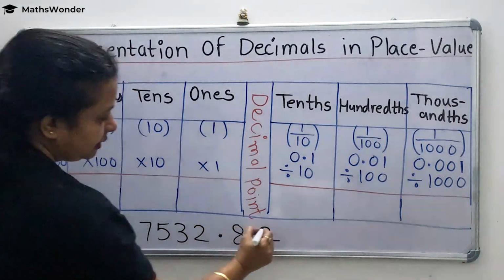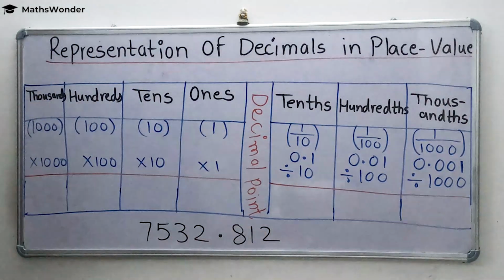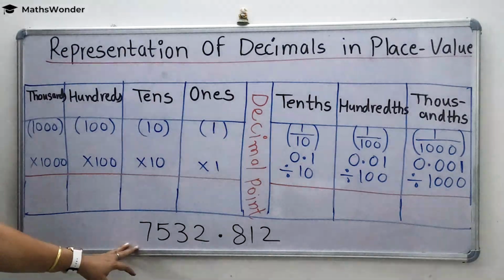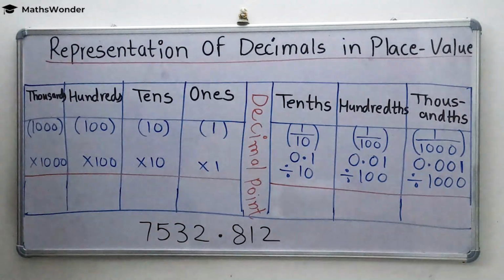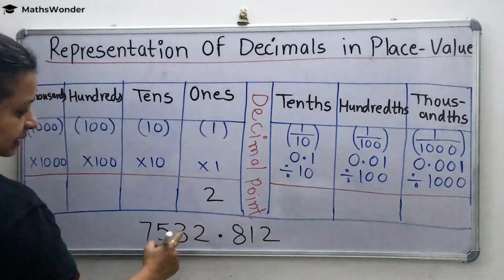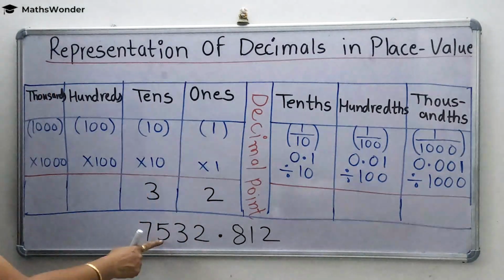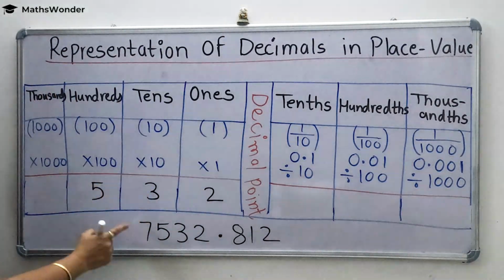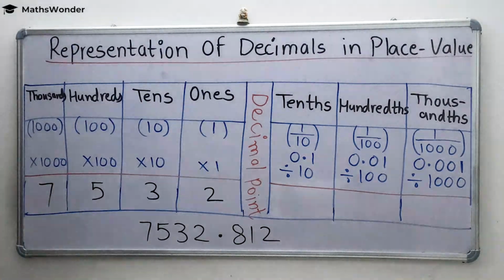I am using the same number with the number chart. 2 is at ones place, 3 is at tens place, 5 is at hundreds place, 7 is at thousands place.